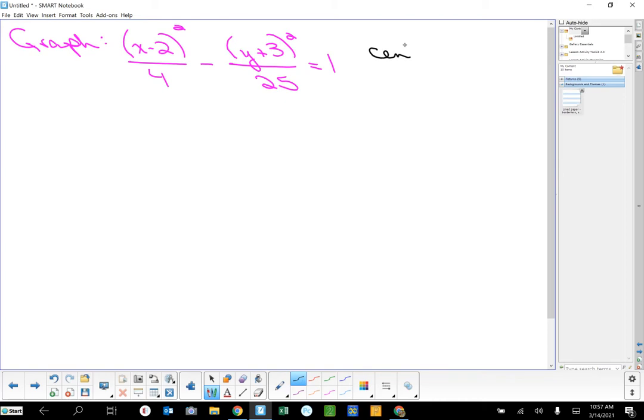So here's some stuff we want to know. We want to know where is the center. Remember, that's HK. We want to know what is A squared and what direction is it going in. What is B squared and what direction is it going in. And once you know that, that's actually enough to... Oh, we also probably should know the orientation.